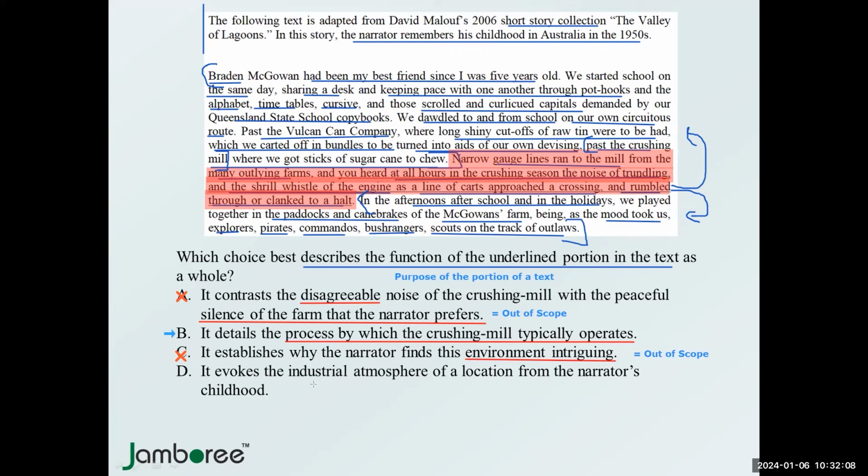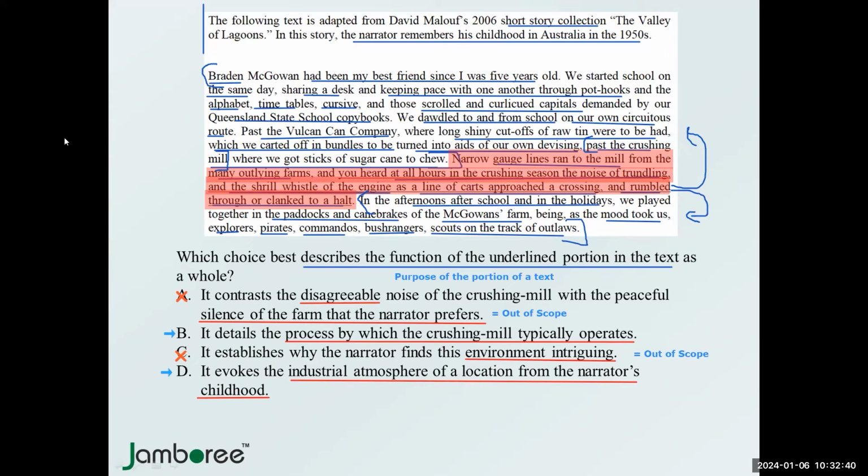Option D: it evokes the industrial atmosphere of a location from the narrator's childhood. Now, we are left with two answers which can fall under the right category. However, there is only one correct answer. Here is where the as a whole part of the question stem comes into the picture.